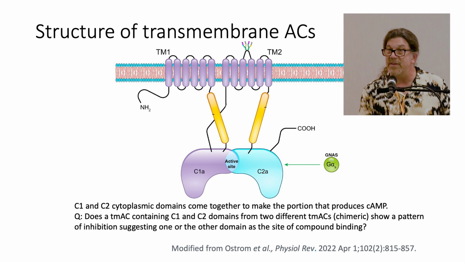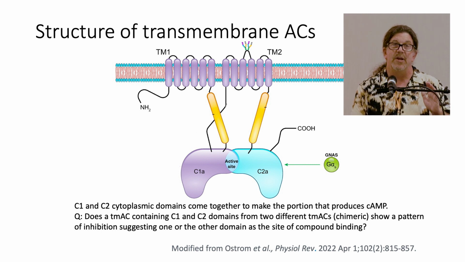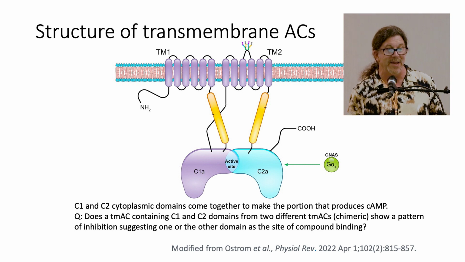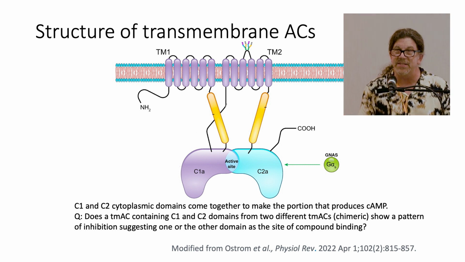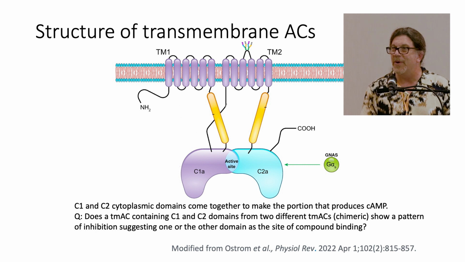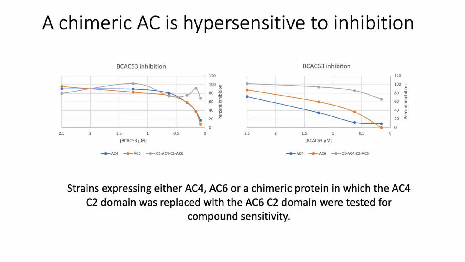Now, my thinking at the time was it might be able to tell us whether the compound binds to the C1 domain or the C2 domain. And sometimes the best data, and this is wildly preliminary because it's about 1 week old and has not been reproduced yet, the best data are the ones you don't expect. And here's what happened.